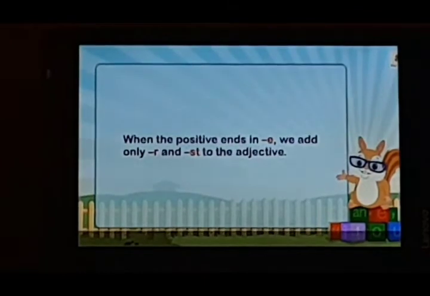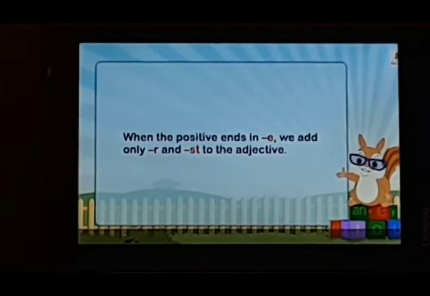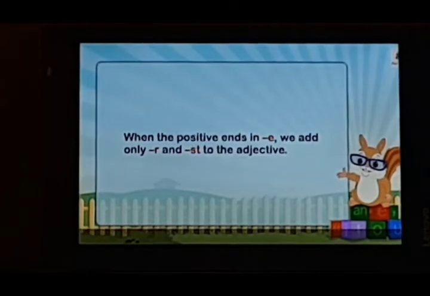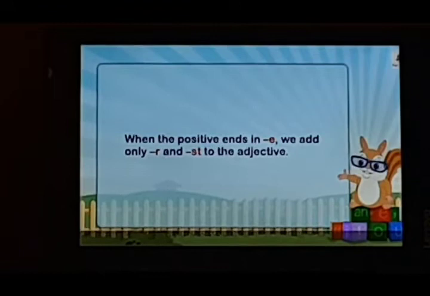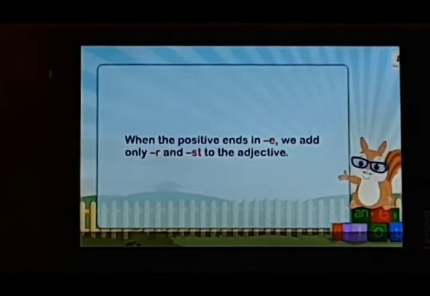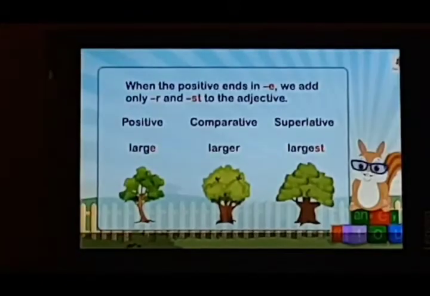When the positive ends in E, we add only R and ST to the adjective. Now some words have E at the end. So what do we do there? We do not use another E there. We just use R or ST there. So we do not say EER. Examples can be like this.